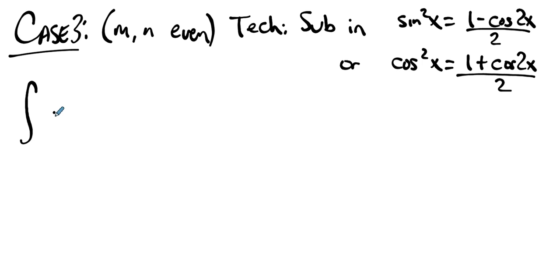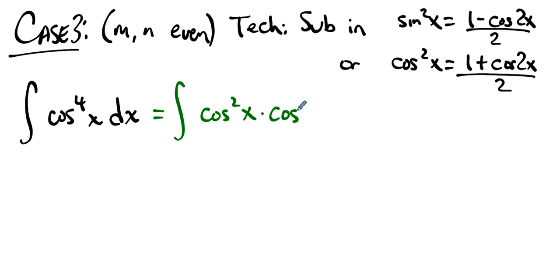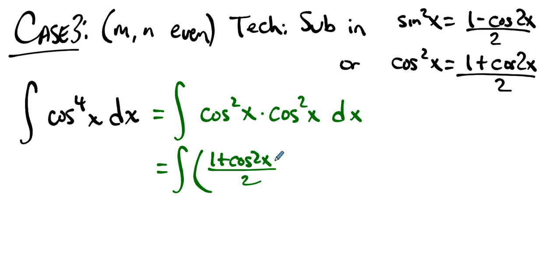And that's what helps us to do this. This is the integral of cosine x to the fourth power. And that's the integral of cosine squared x times cosine squared x. And so that's the integral of 1 plus cosine 2x over 2 times 1 plus cosine 2x over 2 dx.